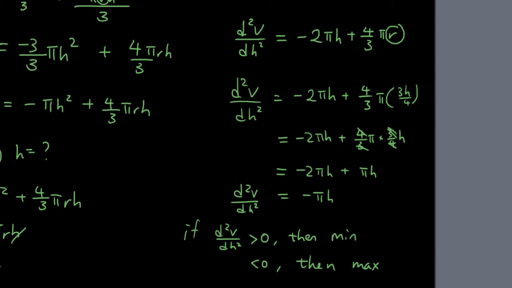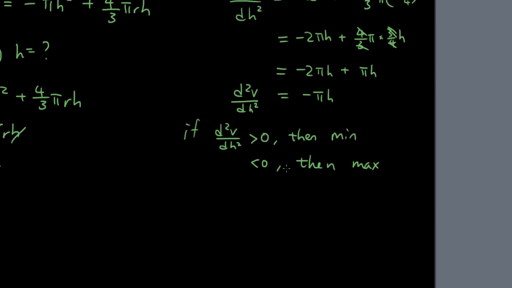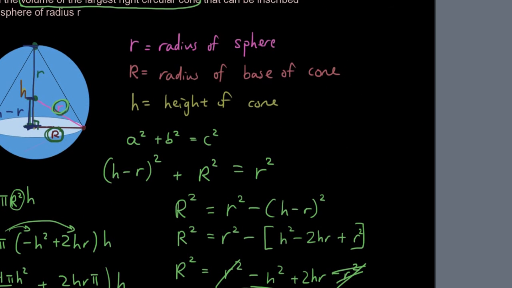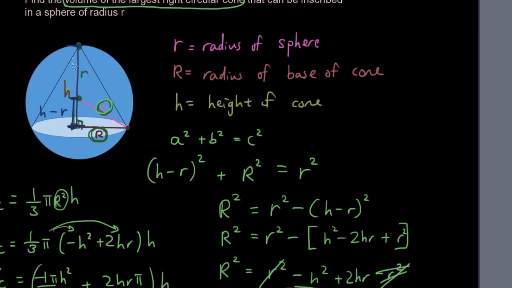Because h has to be bigger than 0, as you can see in our question, there is no way that the height of the cone h can be negative. H has to be positive.